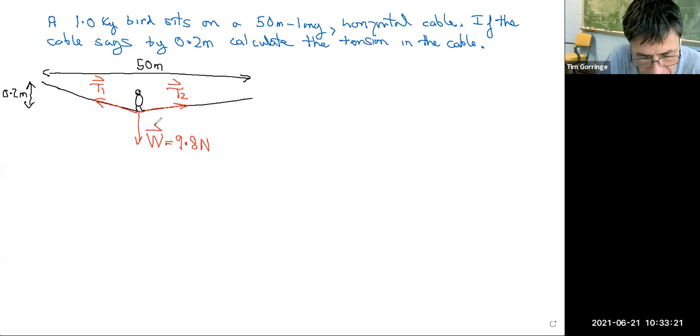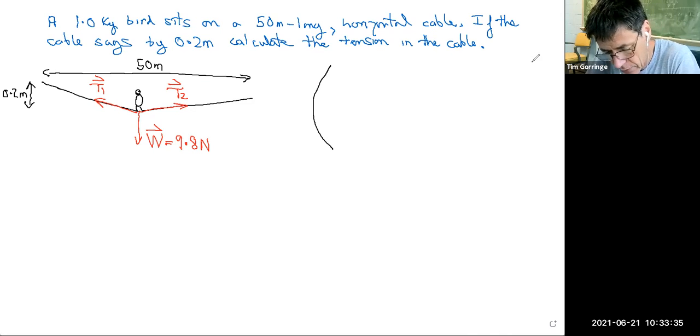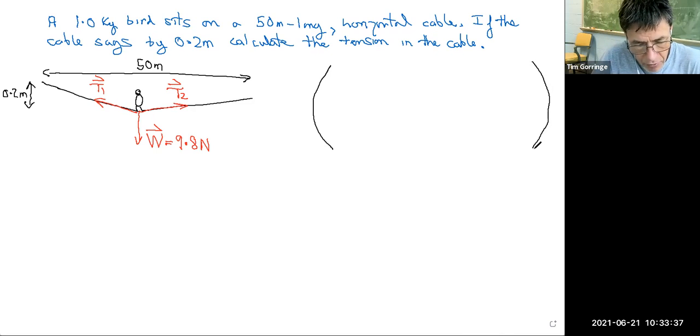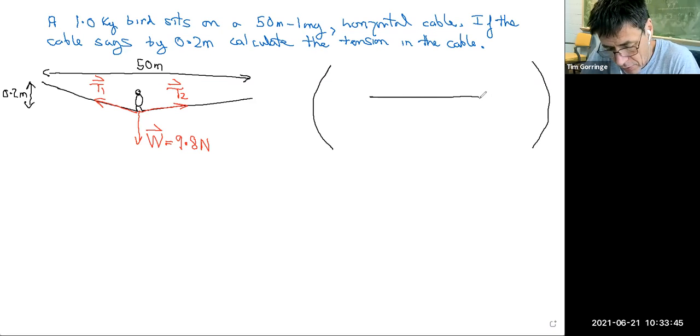There's one little bit of trigonometry I want to do before I actually go ahead and solve the problem. And so maybe I'll just work that out over here on the right. There's a triangle in this problem. So the triangle that's in this problem is made by a horizontal and a vertical and half of the cable.